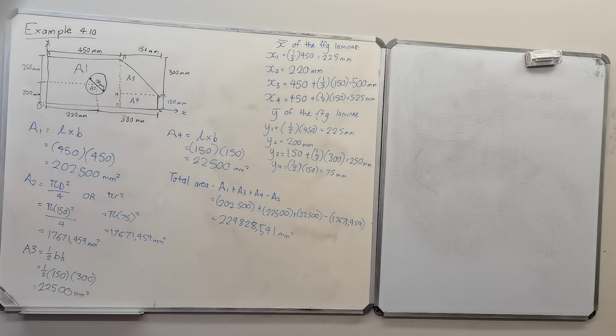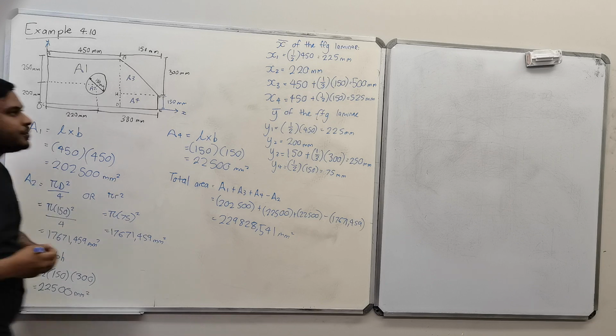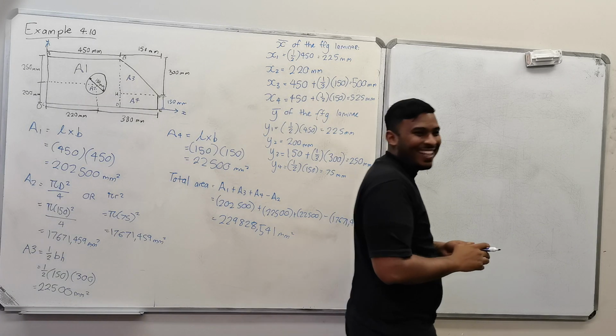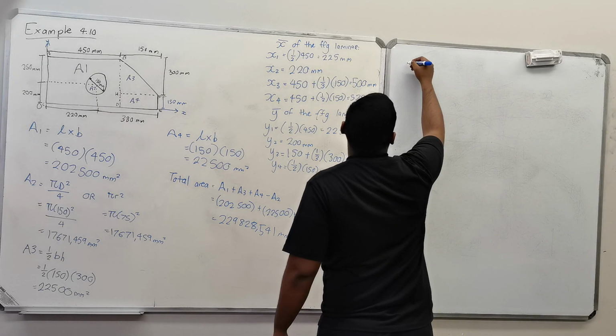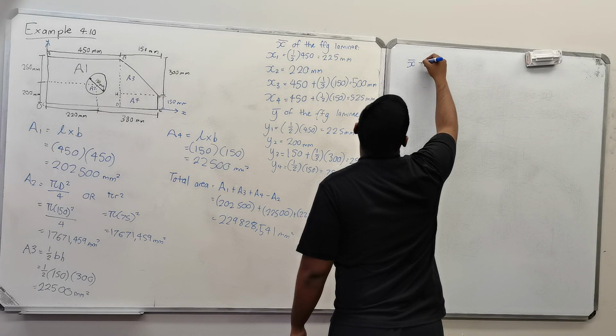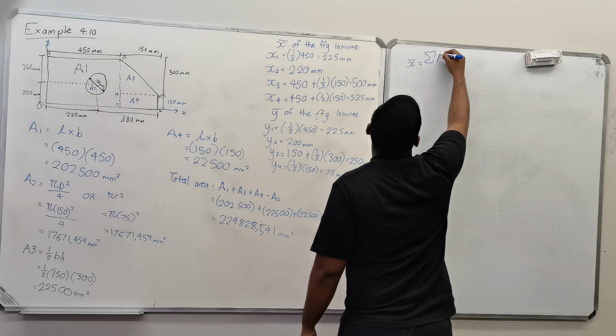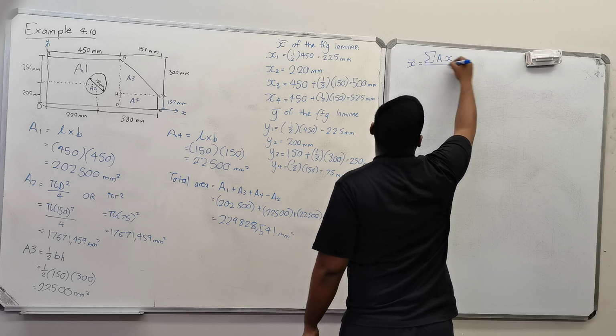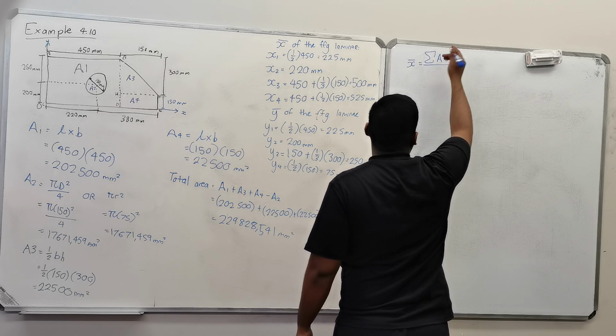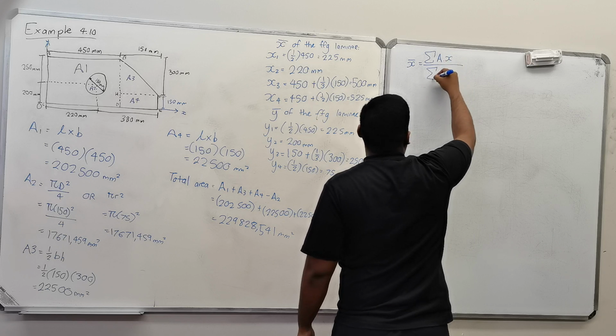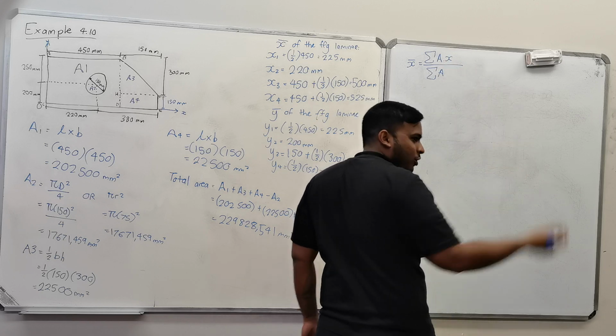Now we use all those center points and the areas to get the center point of the entire shape. What formula do you use? The sum of the area times the bar divided by area. So, sigma of the areas multiplied by its moment, all over the total area.